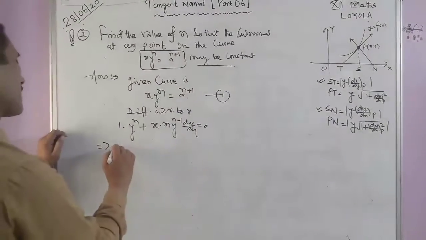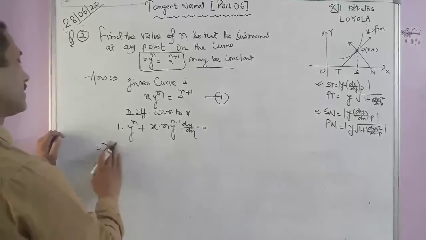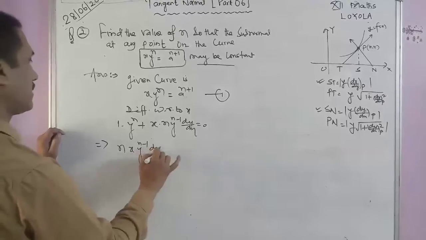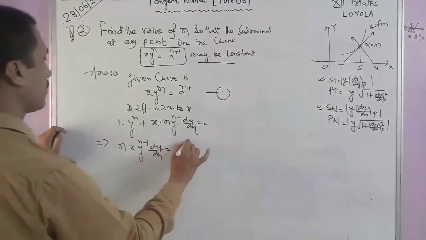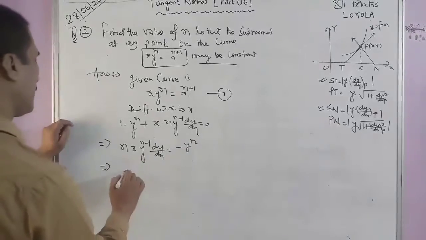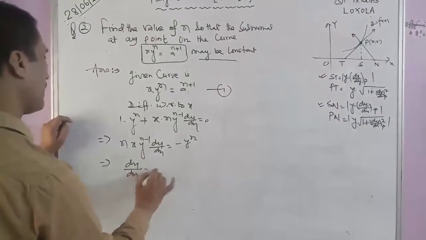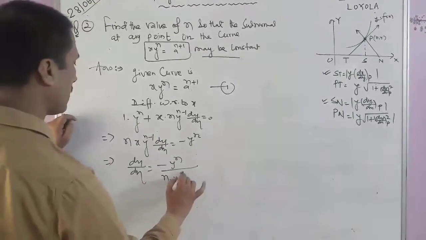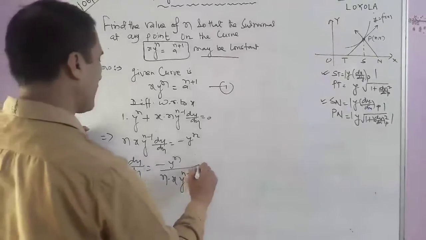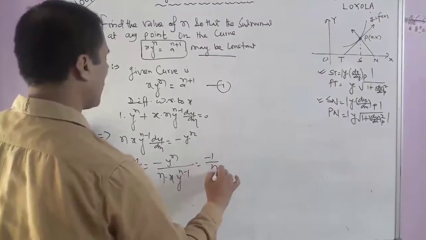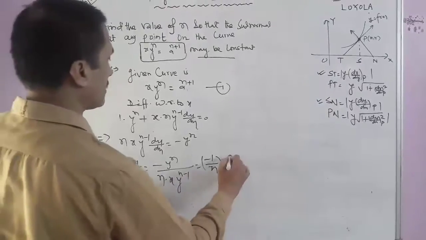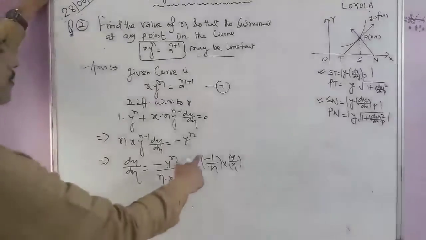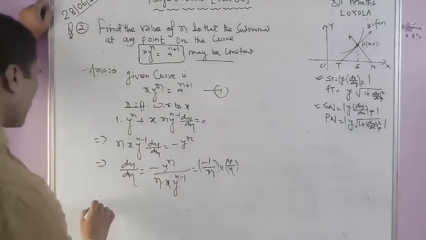So n x y to the power n minus 1 dy by dx equals minus y to the power n, and dy by dx equals minus y to the power n upon n x y to the power n minus 1, which equals minus 1 by n into y by x.